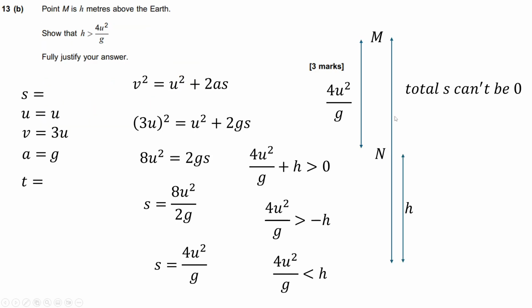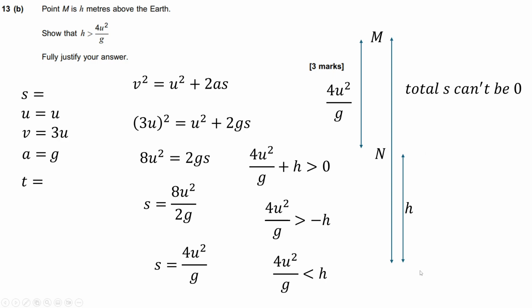Actually, if you wanted to justify that more clearly in words, you could say we've assumed that downwards is positive, with positive u, positive 3u, positive g. But we take this height h from the ground up, so we're going the other way.